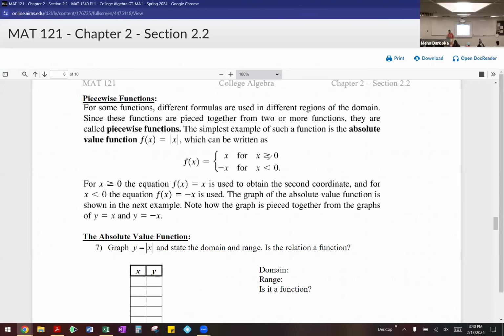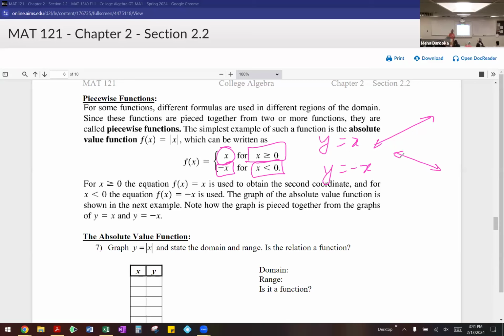So we're basically saying if your x values are 0 or positive, the function is defined as y equals x, and that gives us that straight line with a positive slope. If your x values are negative, then your function is defined as negative x. So y equals negative x, which is a line with a negative slope.